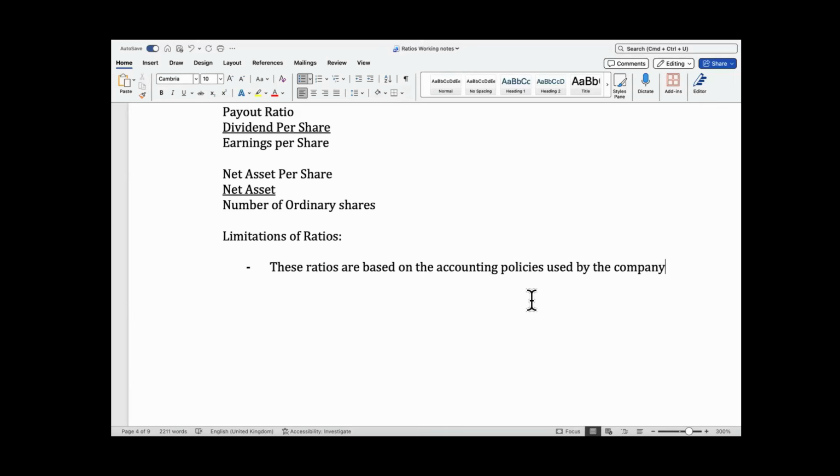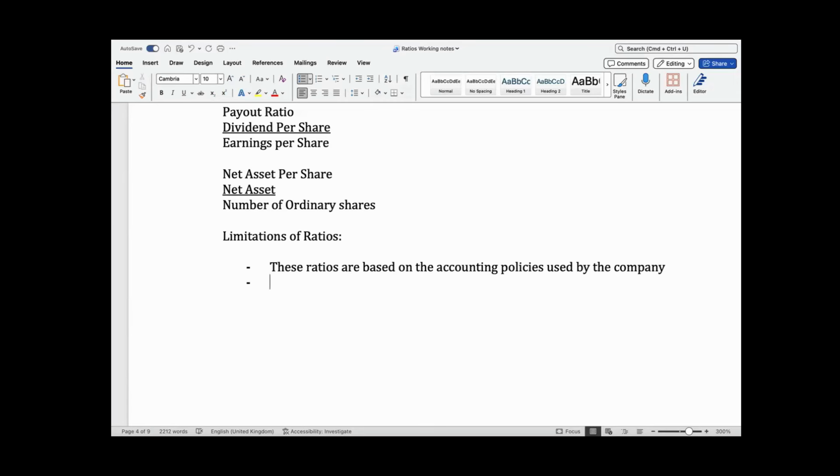I had to adjust the company that uses the revaluation model. I adjusted for all the revaluations everywhere, just so that I can bring its accounts back to the cost model. And it is only after I've done that that I can compare the two companies. So they are based on the accounting policies used, and this can restrict our ability to use them for comparison.